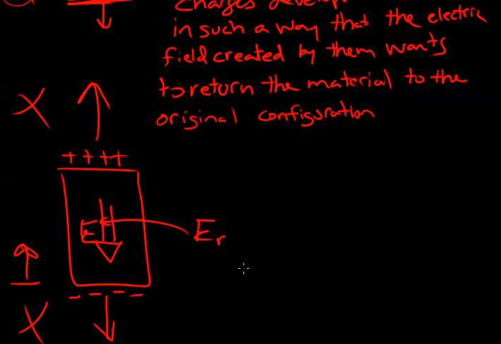See, normally we think about dE equals X. But this d is negative. This is a negative number. So we're going to get a negative strain. So this kind of electric field is developed such that it wants to bring the material back. You stretch it out, and some charges come in, and they want to make everything go back.